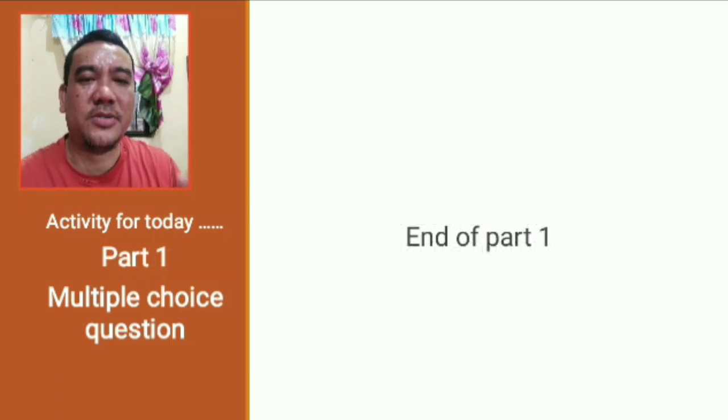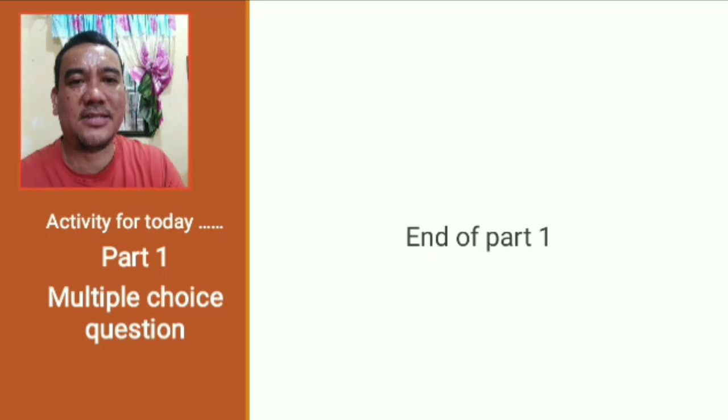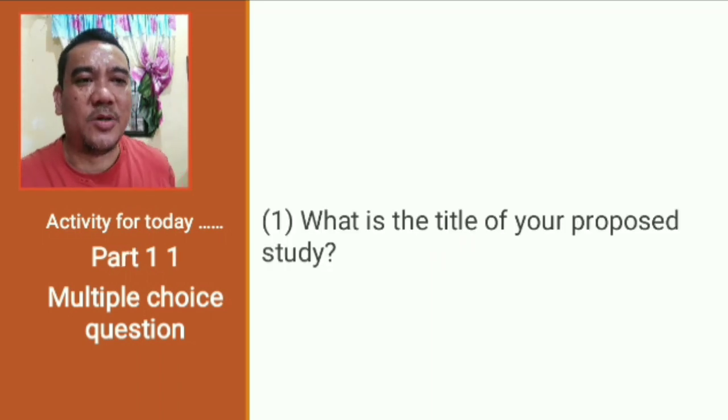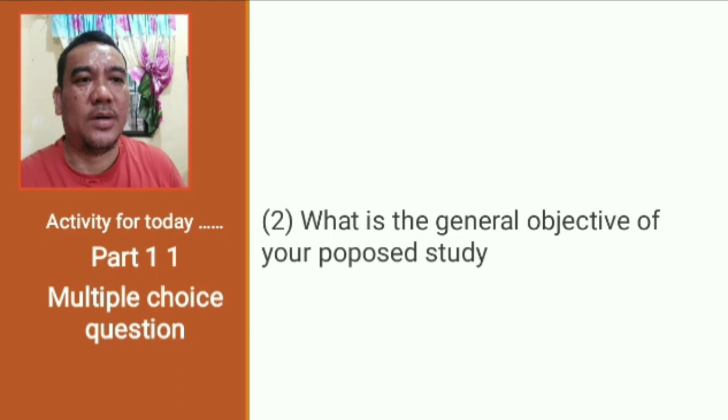Okay, so let us proceed to part 2 of our self-evaluation. You answer the questions based on your proposed study. Question number 1. What is the title of your proposed study? Number 2. What is the general objective of your proposed study?